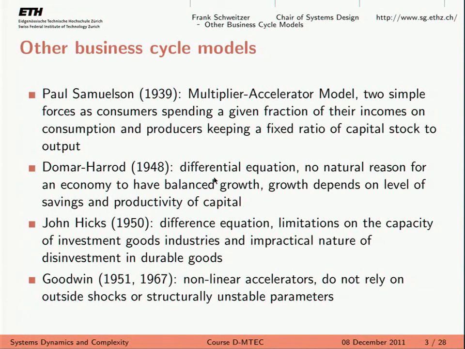We'll see what improvement exactly, and then when you look back in this slide in retrospect, you will understand what this means. And the Goodwin model is different from all these other models because it explains business cycles endogenously. Probably you're all familiar with exogenous versus endogenous. Only with the Goodwin model we can get business cycles that are produced by the internal dynamics of the system, not imposed by some external parameter. We're going to see this.